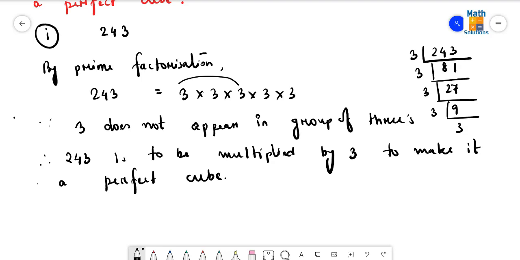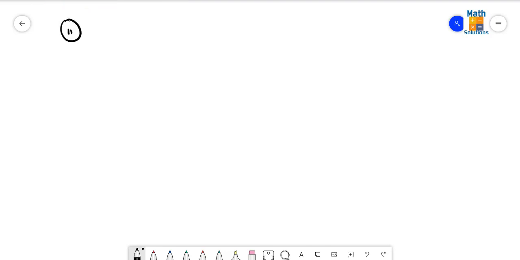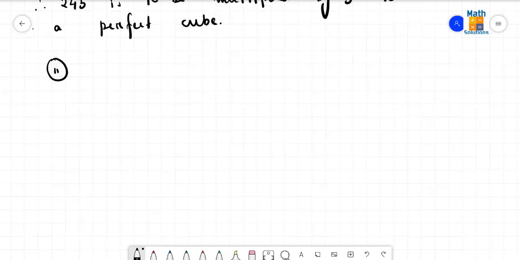Then coming to the second one. In the second question, second number of this part, what do I have? 256.